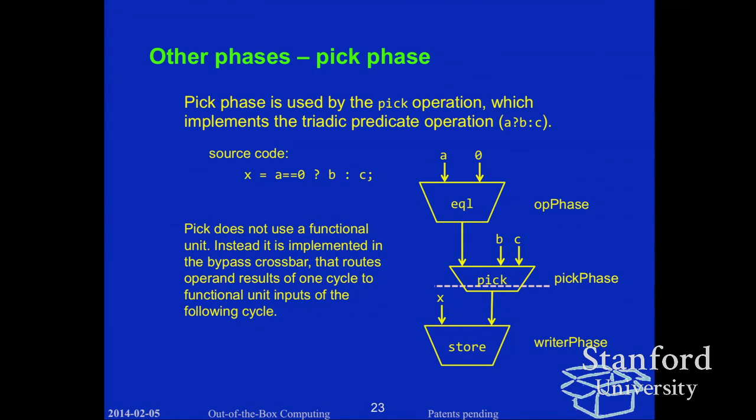And actually, it occupies zero time at all. Although the slide is showing that as if there was a pick functional unit, there really isn't. It's sort of actually happening as the cycle boundary happens and data is getting routed. So it doesn't occupy a functional unit, and we don't have to occupy a whole cycle for a pick. We can simply slip a pick in between an equal and a store.